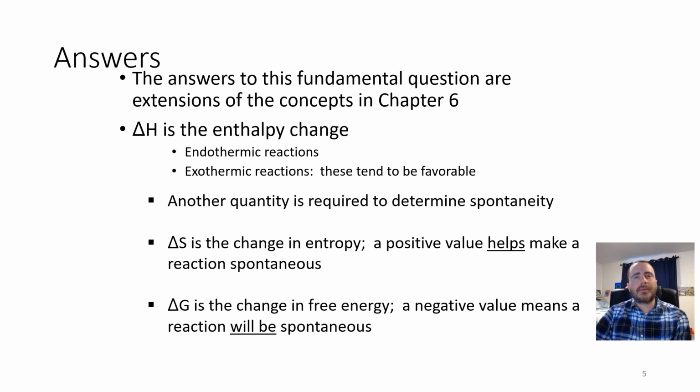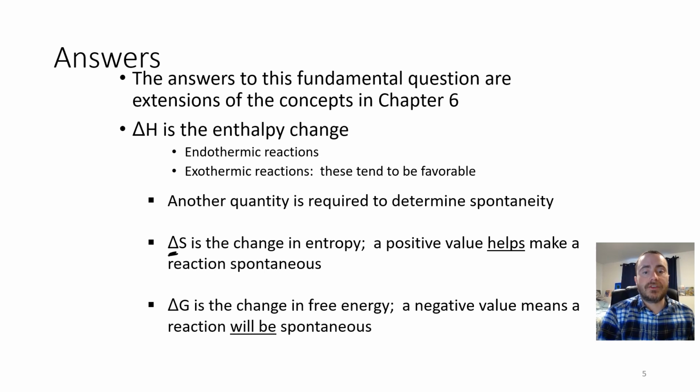Then we started thinking about it. We decided we had to come up with maybe something else that might tell us whether a reaction is going to be spontaneous. So we decided to define another term that we're going to give the symbol delta S. S is entropy, not enthalpy, but entropy, E-N-T-R-O-P-Y. And delta S would be the change in S, because remember, anytime we see a delta symbol in chemistry, that means we have a change in something.